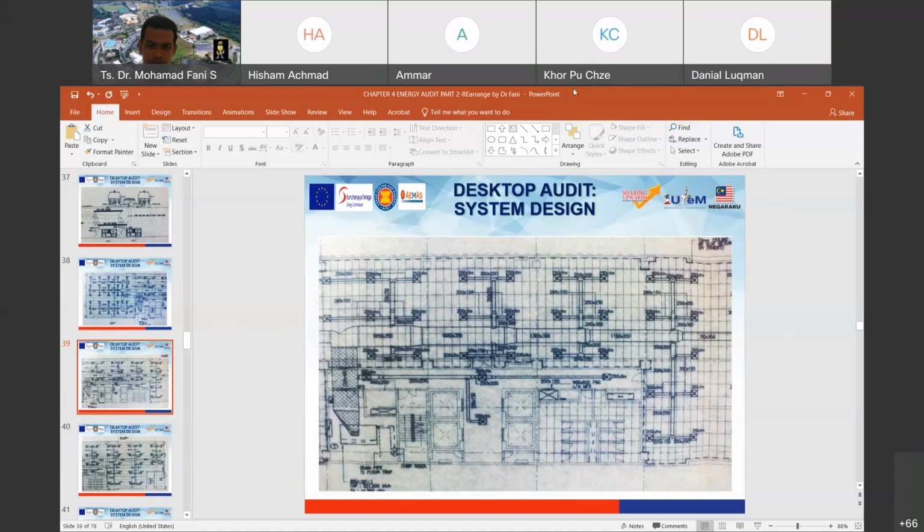So AHU. This one is the supply ducting from the AHU. This supply goes to room number 1. Here is the room. We have a diffuser over here.